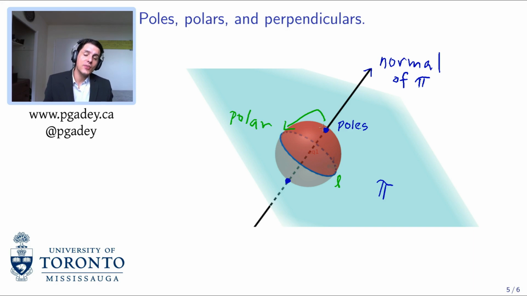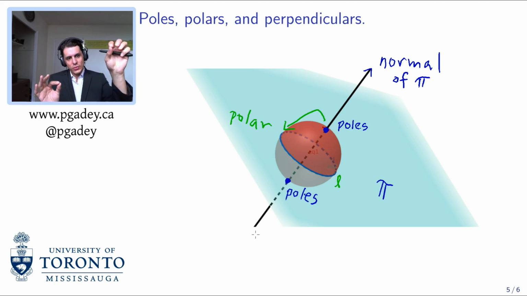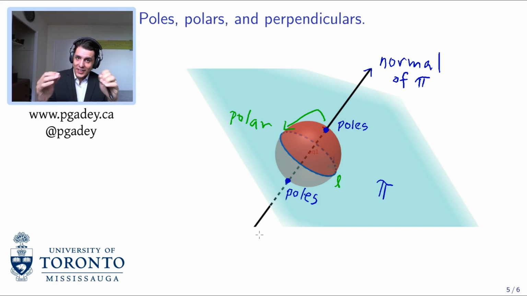And given a line, we get 2 points that are the poles of that line. Okay, so notice, given a line, we get 2 poles, and given a pole, we get a line polar to it. Okay, these are interesting relationships, and there's not really an analog of these in Euclidean geometry.